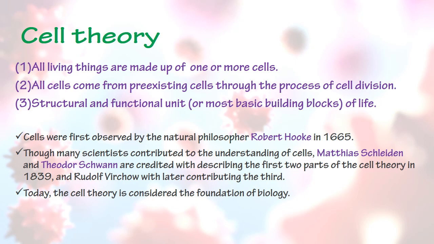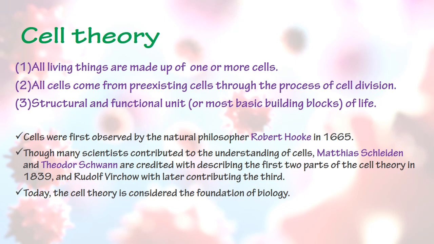So, let's move to the main part of this chapter, that is cell theory. Cell theory is a historic, universally accepted scientific theory, and it states: first rule, all living things are made up of one or more cells.